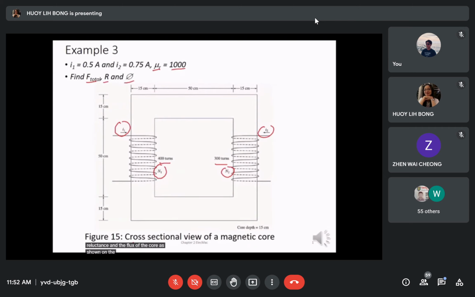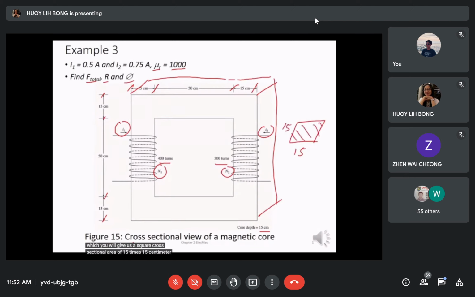As shown on the dimension, we have the length of the core given for the left and right, and also the top and bottom. We have a core depth of 15 centimeter, in which it will give us a square cross-sectional area of 15 times 15 centimeter.